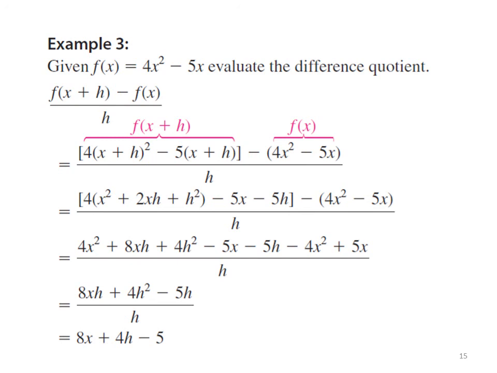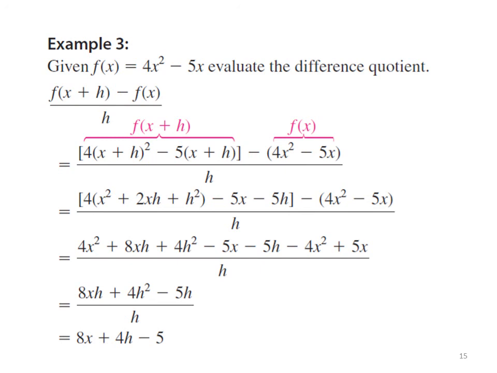In the definition for f of x, replace x by x plus h. So the function is 4x squared, replace x by x plus h, you get 4 times x plus h squared. Minus 5x, replace x by x plus h, you get minus 5 times x plus h.